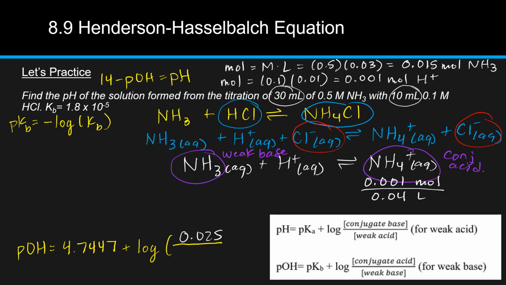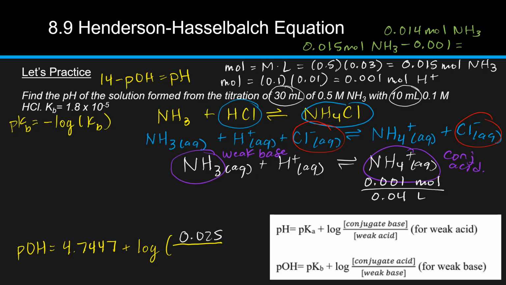And now we need to get our concentration of weak base, or NH3. So I know I started with 0.015 moles of NH3. Then I needed to use 0.001 of that to neutralize, which means in solution at the end, I have a remaining 0.014 moles of NH3.